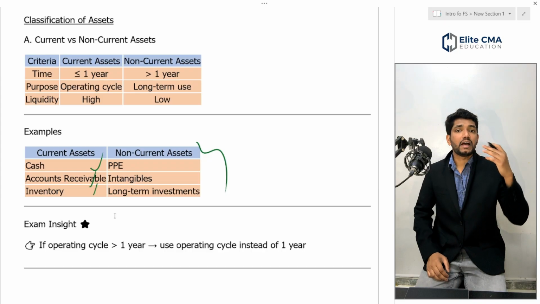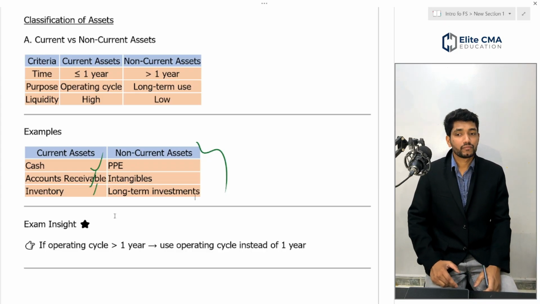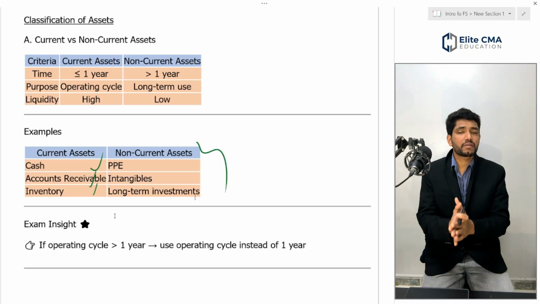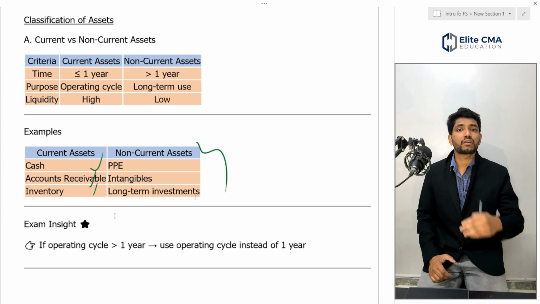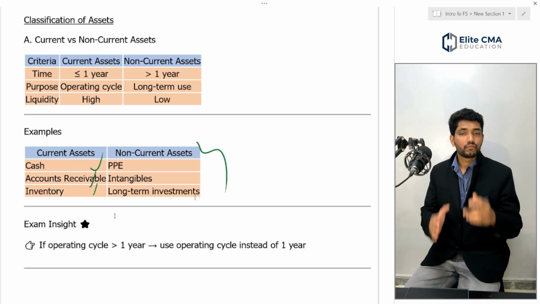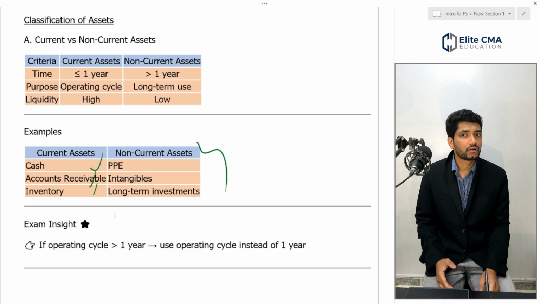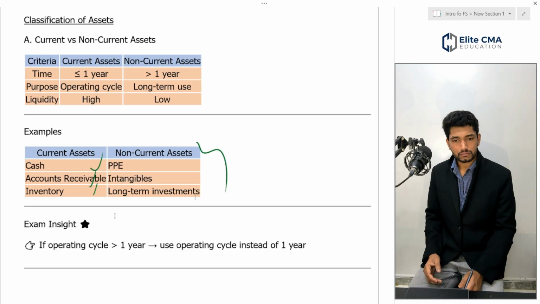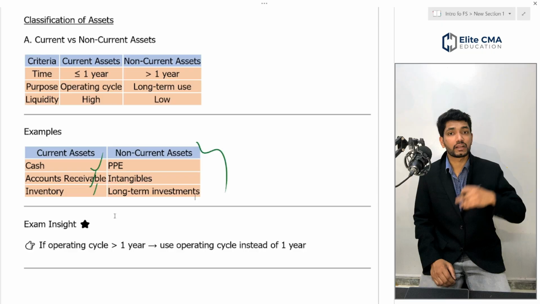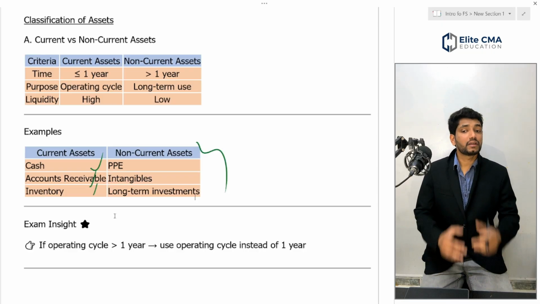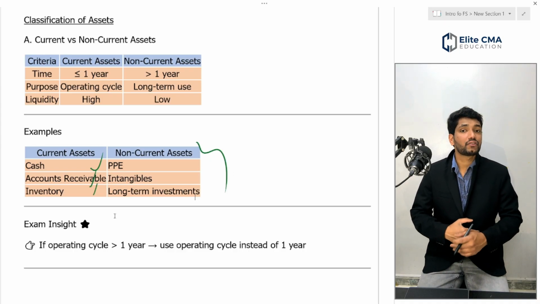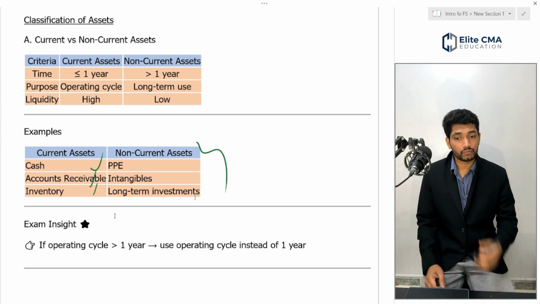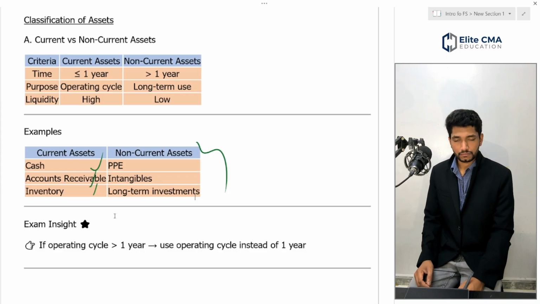To classify an asset as current, it can be converted into cash within 1 year or within one operating cycle, whichever is longer. Suppose a company's operating cycle is 1.5 years; then current assets are those expected to convert into cash within 1.5 years.